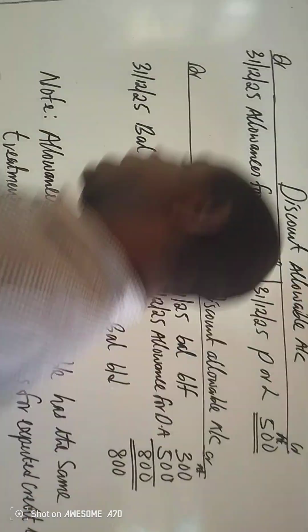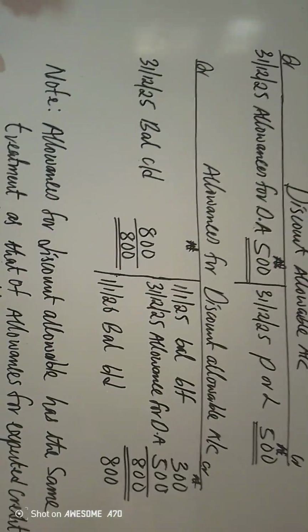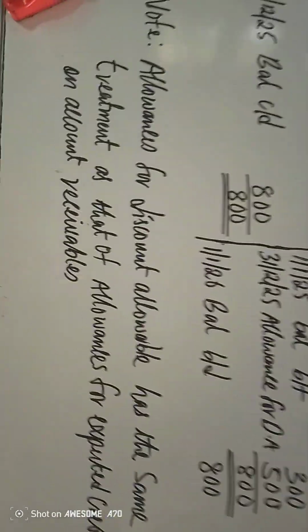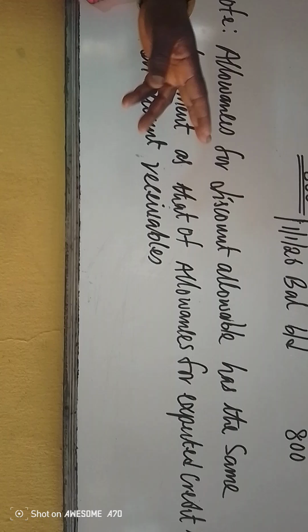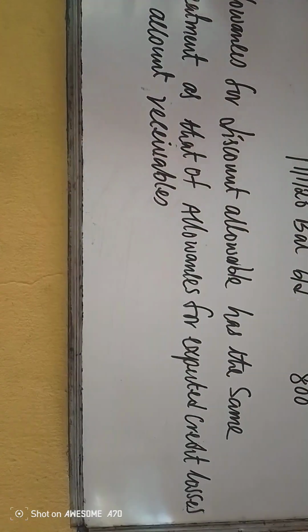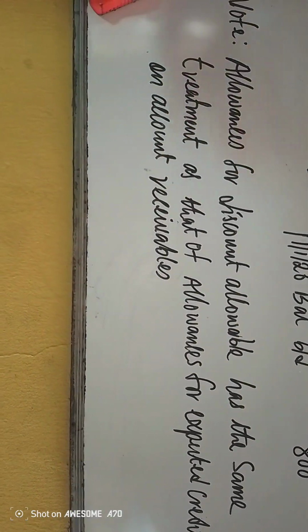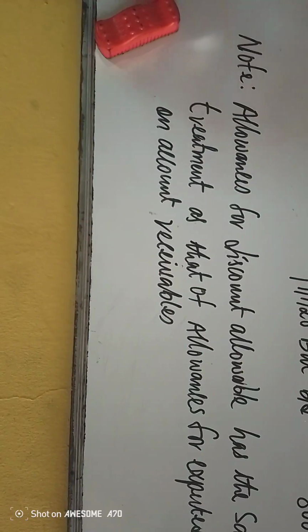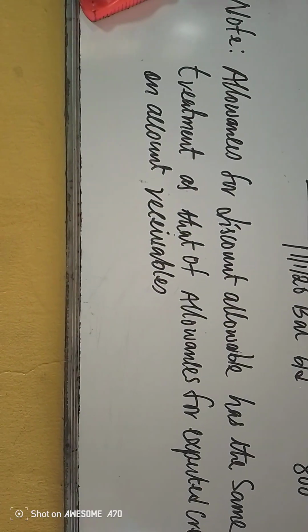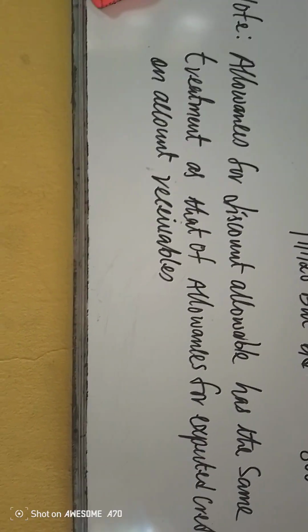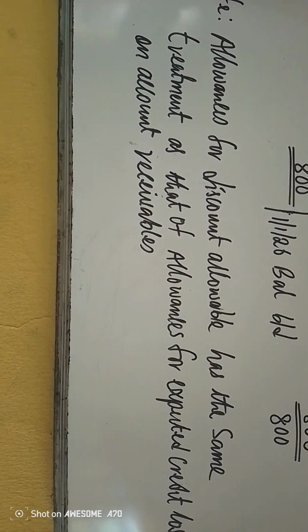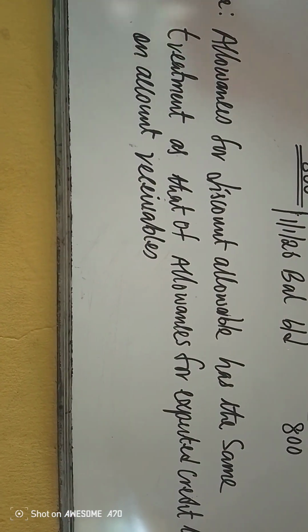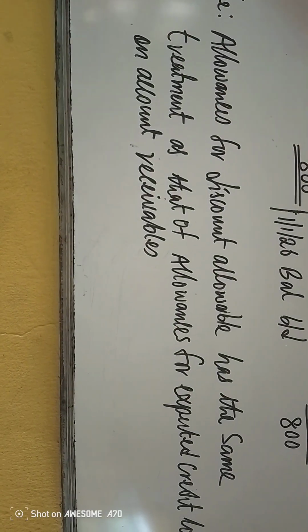Mind you, I want to create a note here that is very, very important for you to understand. Here we are saying that allowances for discount allowable have the same treatment as that of allowances for expected credit losses on accounts receivable. I'm only emphasizing that if you know how allowances for expected credit losses are treated in the financial statement, it is the same way, style and method that you use in treating allowances for discount allowable, because they all behave the same.